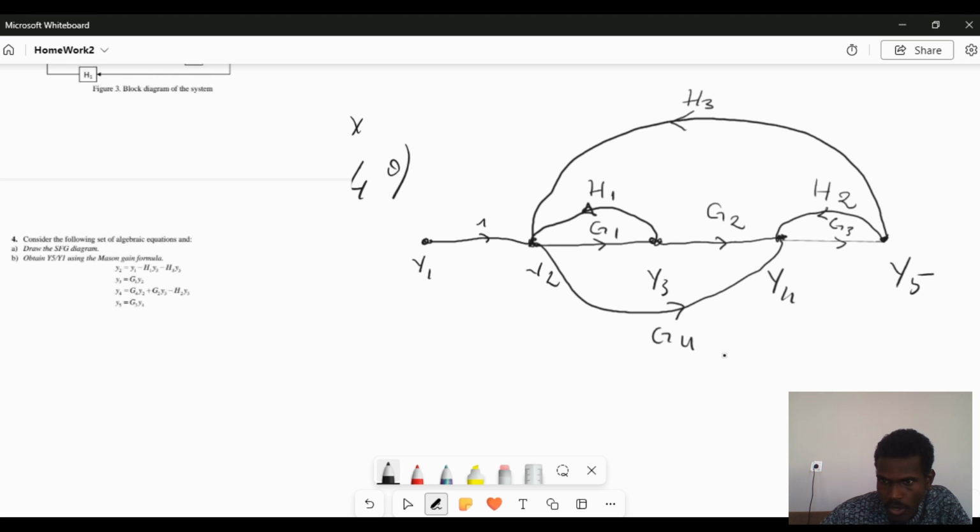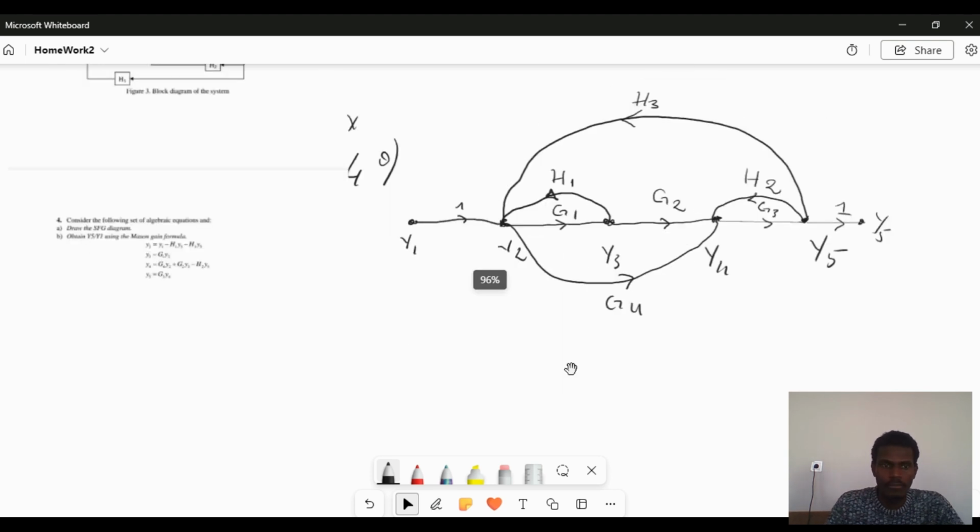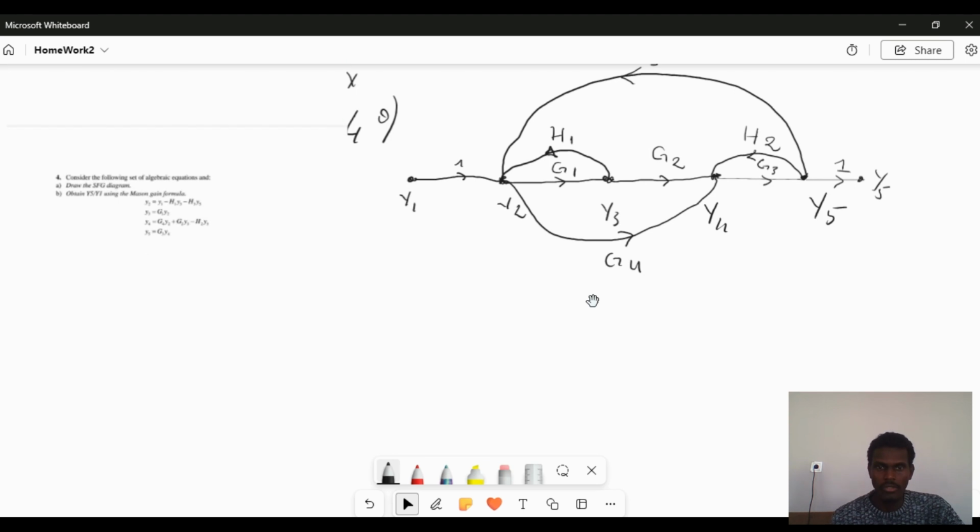So as y5 is our output, you can say here y5 y5 1. So this is the first part of the fourth question, and let's see part B.